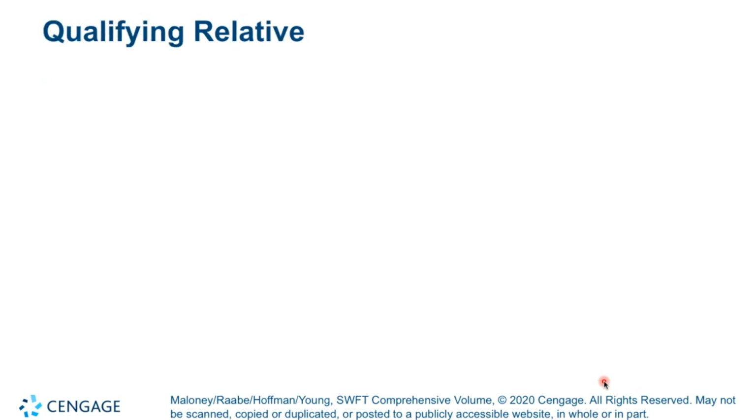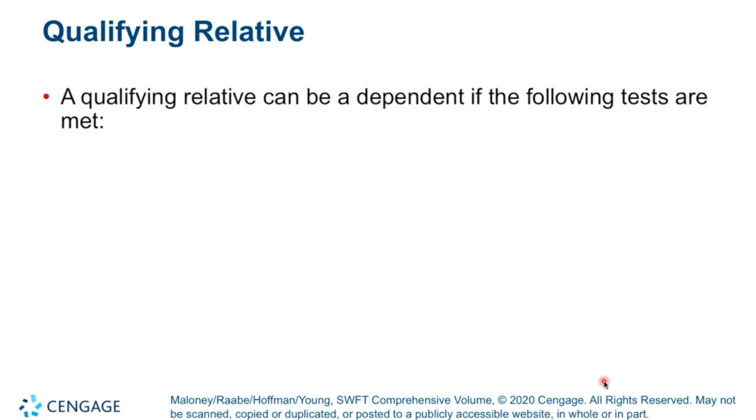Qualifying relative. So these are two tests you definitely want to have in your notes. Your qualifying child test and then your qualifying relative test for your cheat sheet so that you can refer back to this. So I would make like a graph. I'm sure it's probably in your textbook somewhere. Qualifying child, qualifying relative, list the tests because they're pretty much the same tests, and then you can fill in the criteria. So a qualifying relative can be a dependent if the following tests are met: relationship, gross income, support, and support tests.